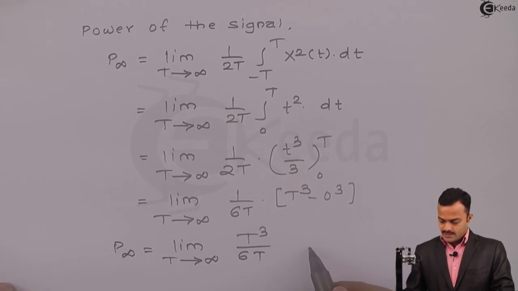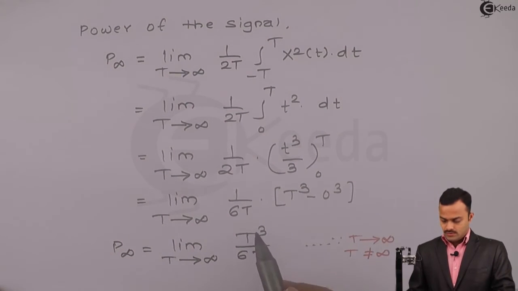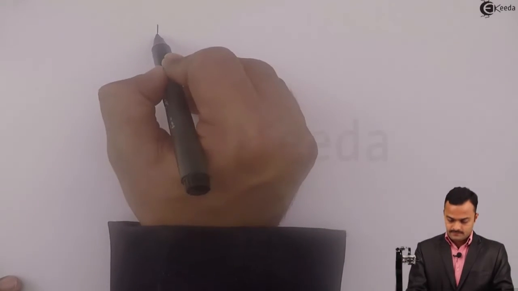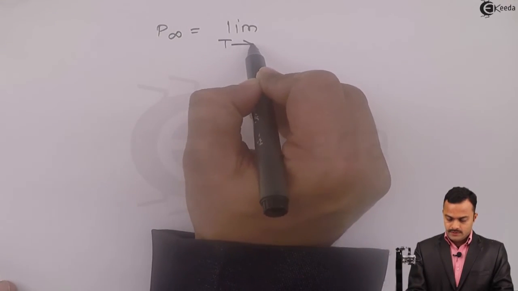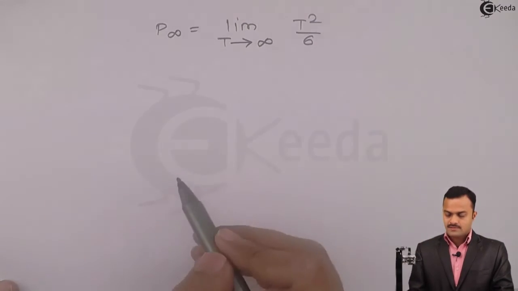So once again, we can say t tending to infinity. That means t is not equal to infinity. So one t can be cancelled out over here. The remaining part is P infinity equal to limit t tends to infinity of t square upon 6.